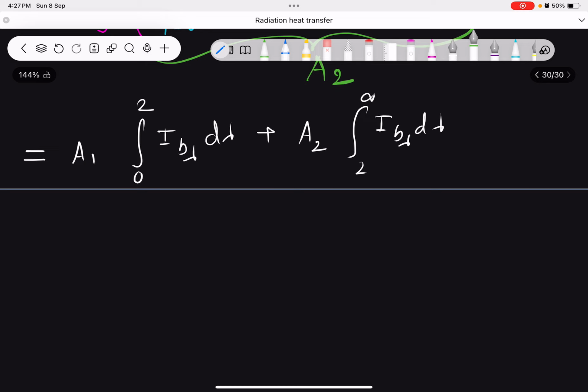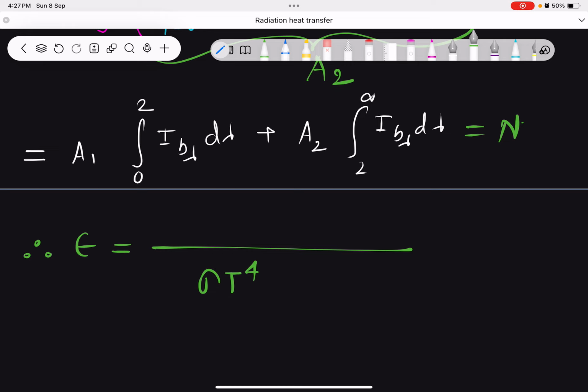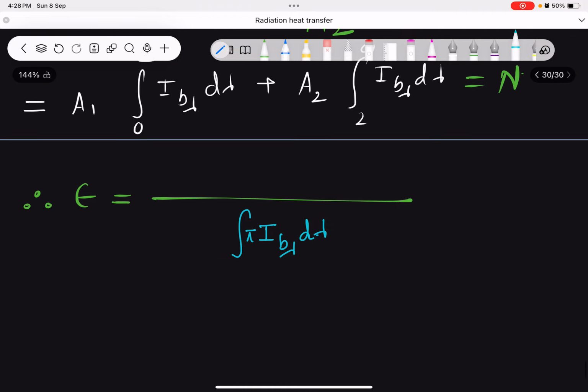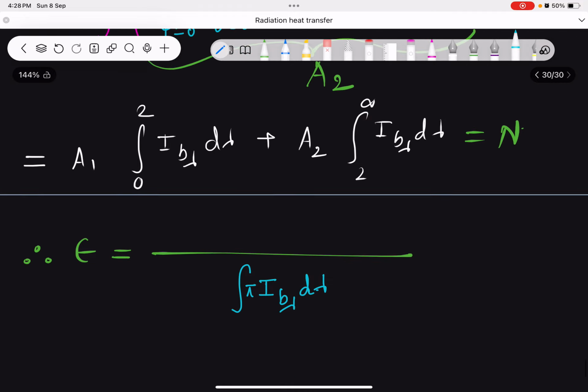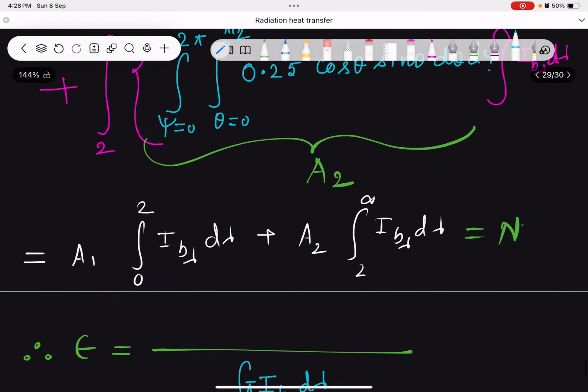This is my numerator. That means now my epsilon becomes this thing divided by sigma T to the power 4, or pi I b lambda d lambda. So I think these are clear.